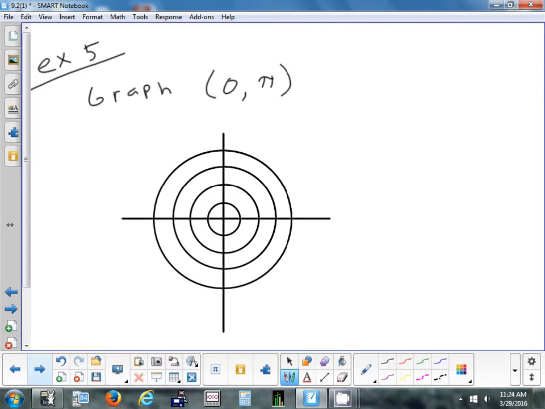So when you graph this one, what I'm going to check for is that you stay at the origin and you spin your pencil 180, just like that. Check for the spin. So 0, comma, anything always stays at the origin, with just the right spin. That's all. Any questions on that?